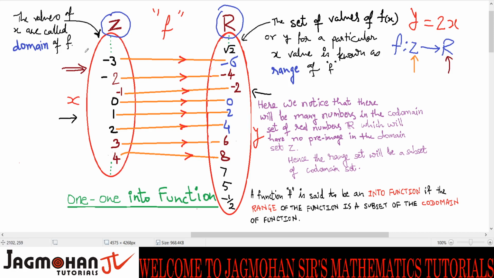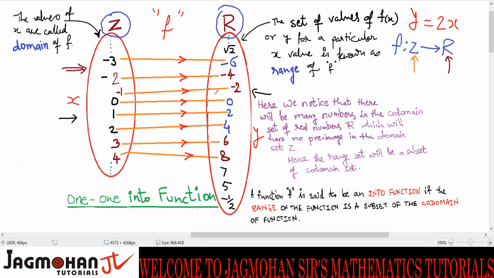Now what happens is, because of this function which is doubling, it doubles the numbers from the domain set. You notice that every integer is doubled, and you see the image in the codomain set. So -3, its image under f is -6, -2 has image -4, and so on.